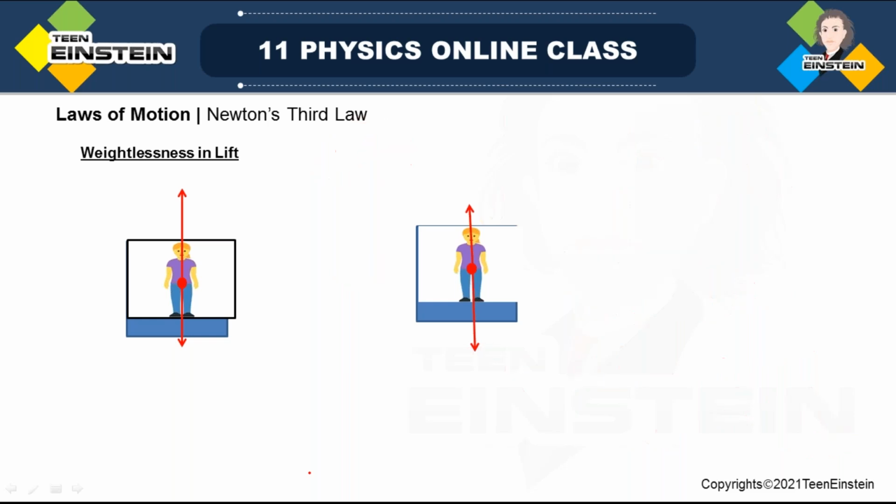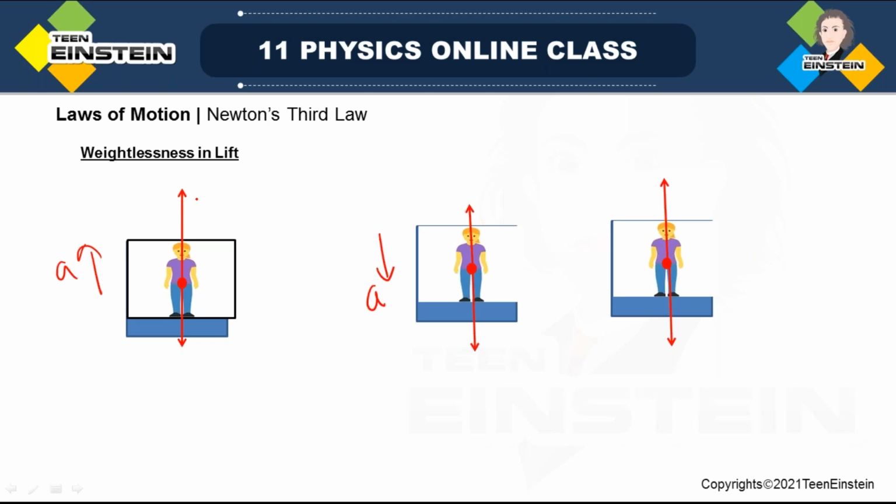What is the condition? Look here. Here it was going down, here it was going up with a. This is R, this is mg. Here also this is R, this is mg.